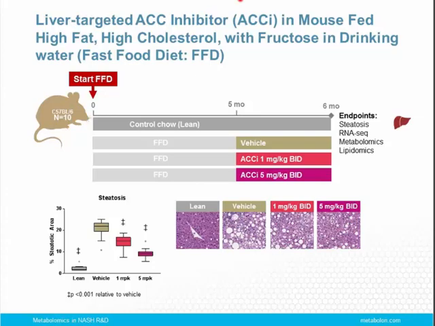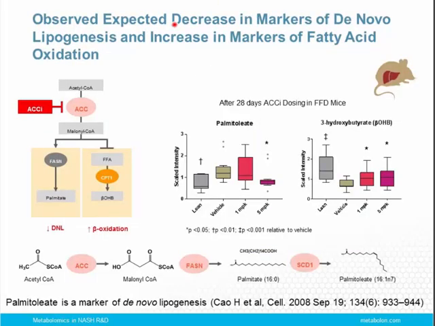So we wanted to ask what was happening to the lipidome in these animals. At Metabolon, we did the combination of the complex lipids and the HD4 platform, so the data will be intermingled here. So as I mentioned, acetyl-CoA carboxylase converts acetyl-CoA into malonyl-CoA, which feeds into the de novo lipogenesis pathway, and inhibition of it will block synthesis of palmitate, blocking DNL.